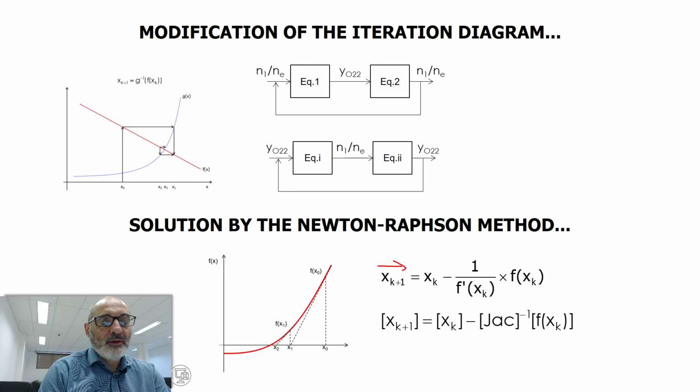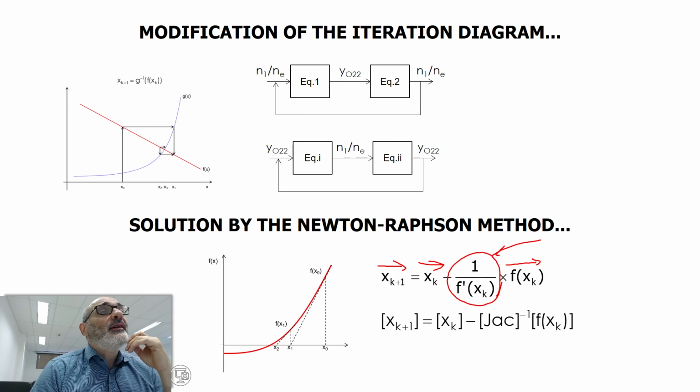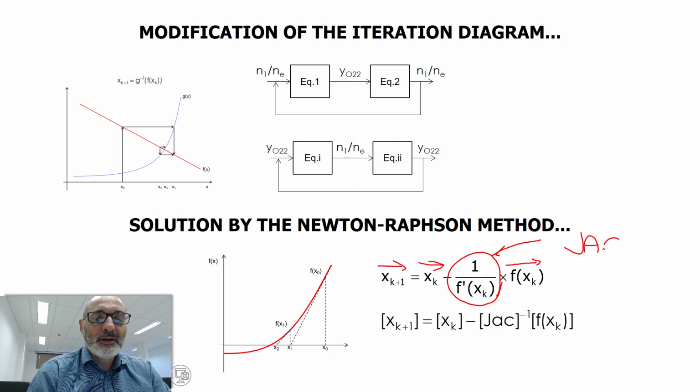So instead of having one single variable, one parameter, you have a vector, and a vector of functions here. Now, in order to extrapolate this derivative, we have the derivative of all functions in terms of all variables. This is the Jacobian matrix.